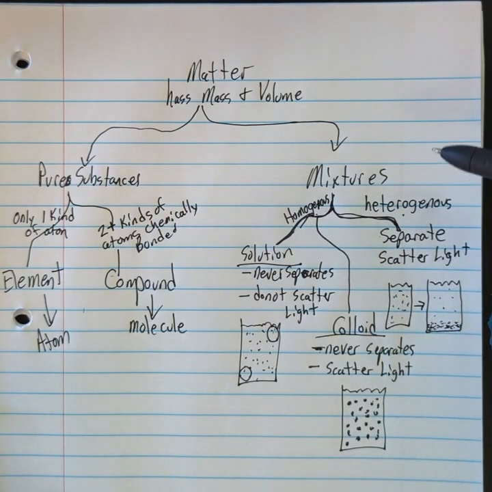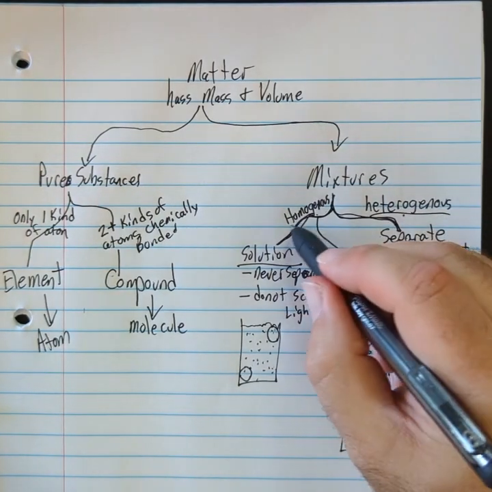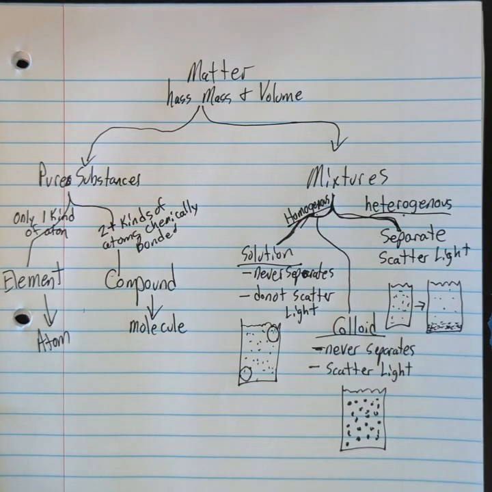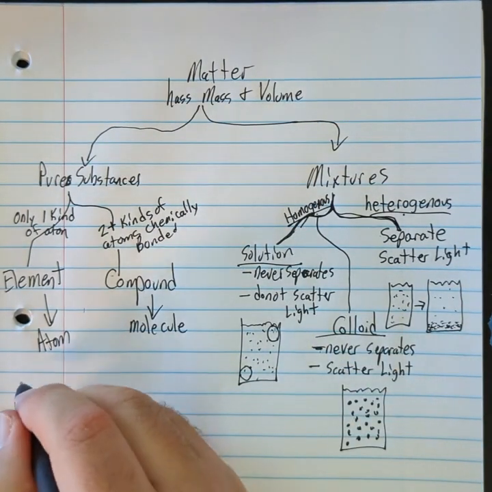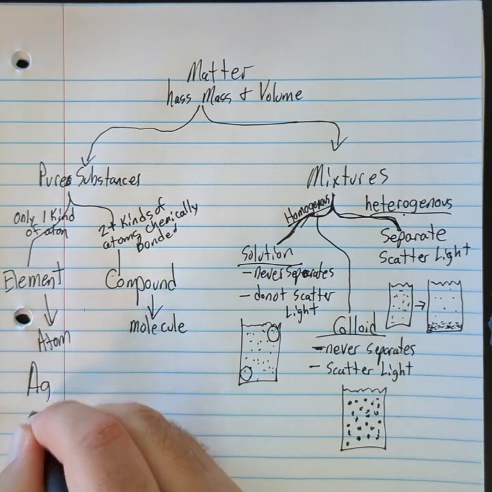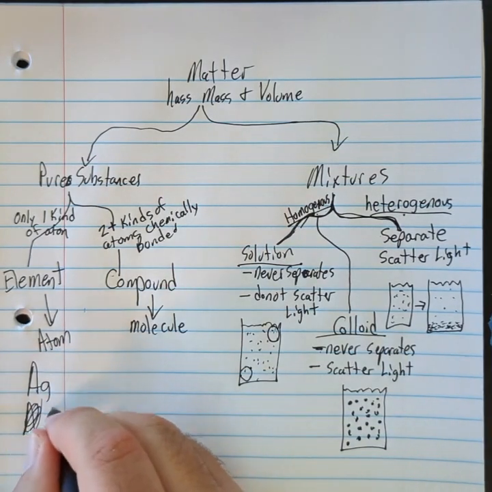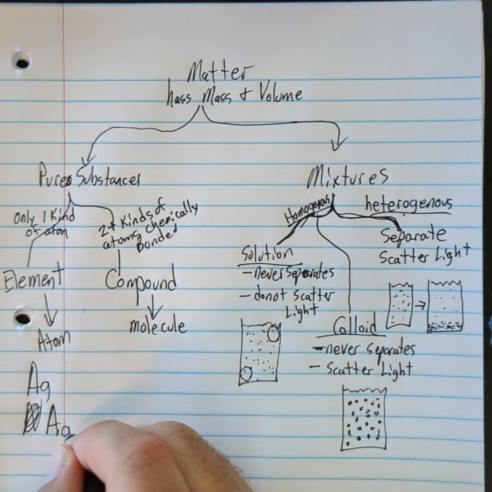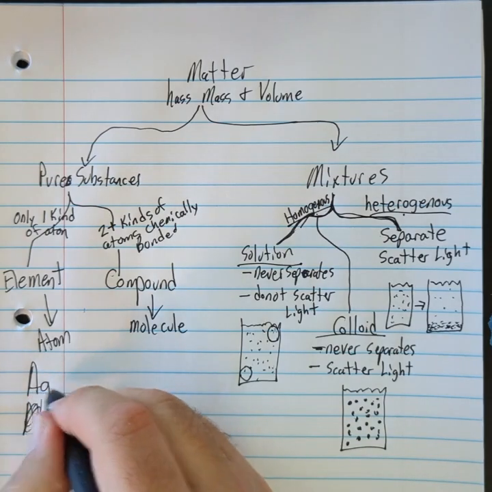All right, so there you go. Those are the categories of matter. Examples of an element could be gold, silver. Oops, no, this is silver.